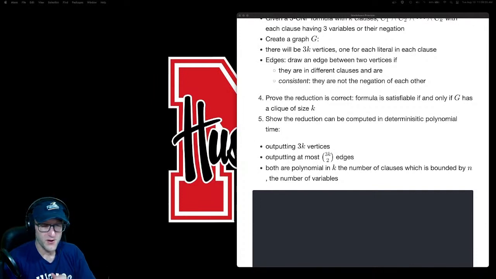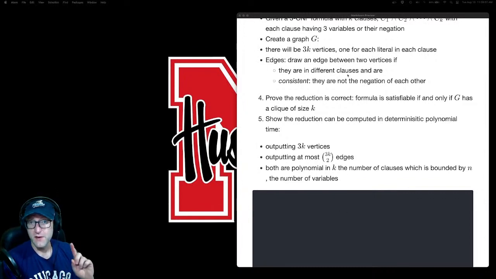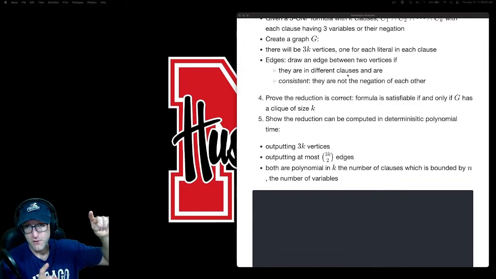In fact, we can do that. It's pretty straightforward. I don't want to beleaguer it, but that was how we set it up, that they're in different clauses. If you set it, they're consistent, they're not negations of each other. So if you set this one such that it's true over here, then you're not going to run into problems with anything else that you are connected to.